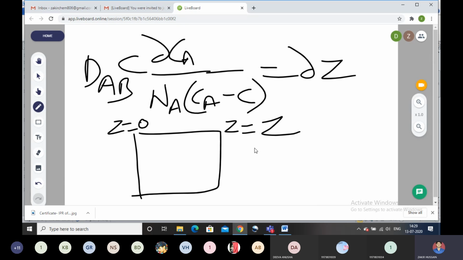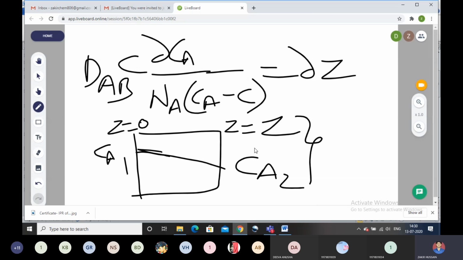At the origin, Ca1 will be present, then the concentration of the initial component will decrease as we move to the mass transfer surface. This is called Ca2. The boundary conditions are: when Z is equal to some Z, Ca is equal to Ca2, and when Z is equal to 0 at the origin, Ca is equal to Ca1.